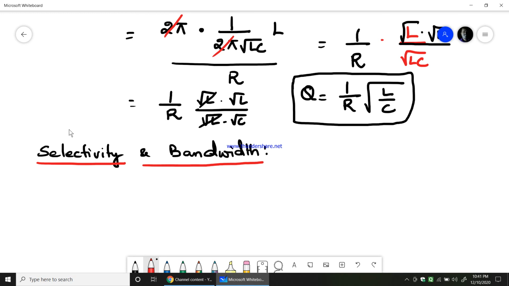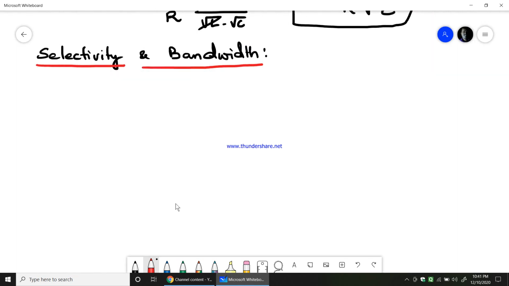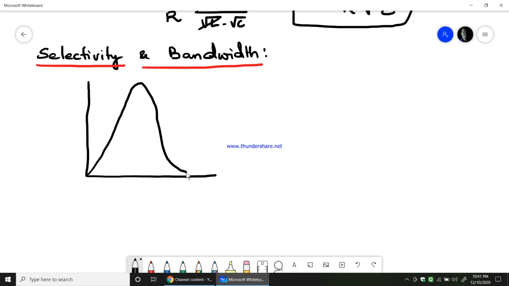So for that we again write the curve here. So this was the curve which I have written earlier. This is F and this is I. This is the peak value of I, and the frequency at which we got the peak value is FR.